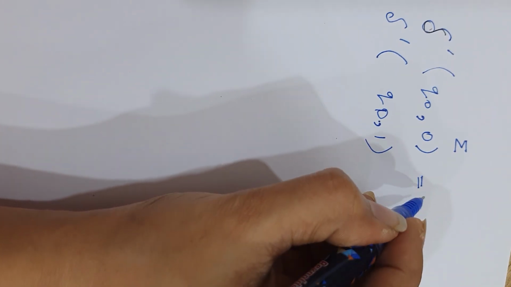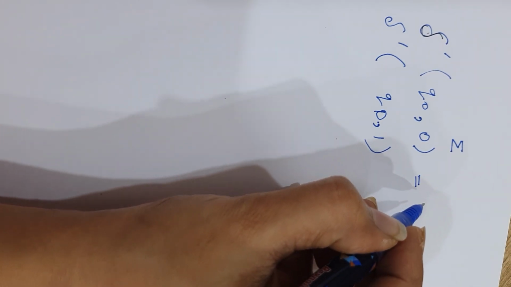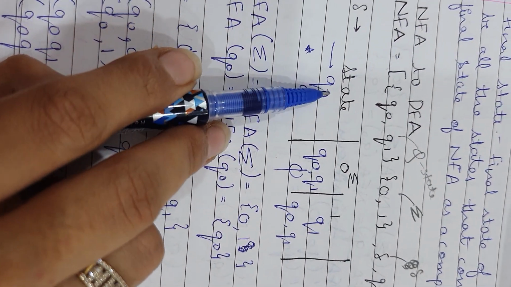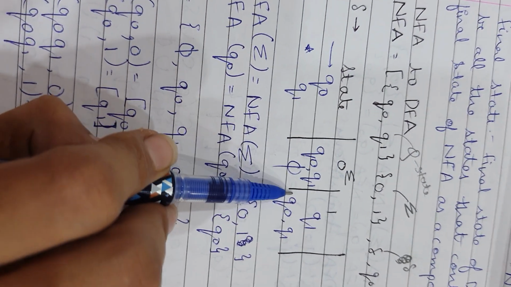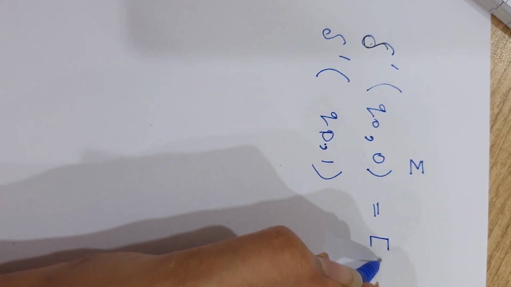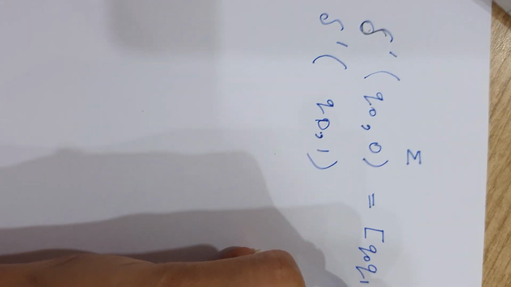Now how do I get the answer here? You will have to refer to the given table. What does the table give you? Q0 on 0 gives me Q0 Q1. So Q0 with 0 gives us Q0 Q1. This is how you have to write.